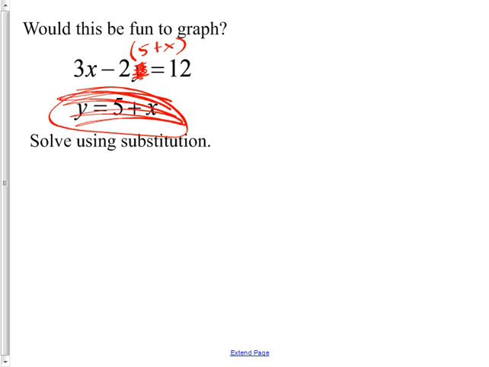I'd like you to write that equation, 3x minus 2 times the quantity 5 plus x, equals 12, and solve it. Then you'll know what x is. Then try not to forget that there's actually two answers. Once you've found x, and let's say x comes out to like 4, you just plug it back in and you can find the y really easy.